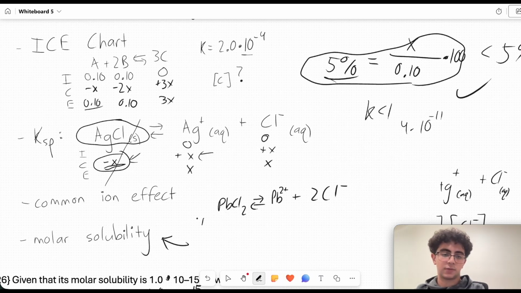So now you're going to have your ice chart with your initial change in equilibrium, and this is going to be 0, 0. And now this will be plus x, but this will be plus 2x. So you got to be careful about which one you're picking. This will still be minus x. So you would solve for x here for your molar solubility. So if you solve for x, it's your molar solubility, long story short.